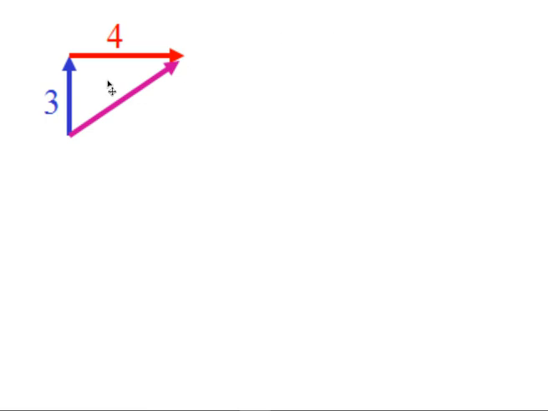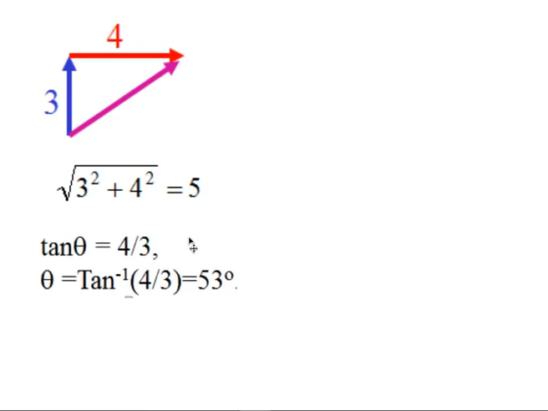Okay, so now we're back to that adding h and g, but now I can do it mathematically. If these two are at right angles to one another, then I can use Pythagoras to get how long that vector is, its magnitude, and I can use trig.